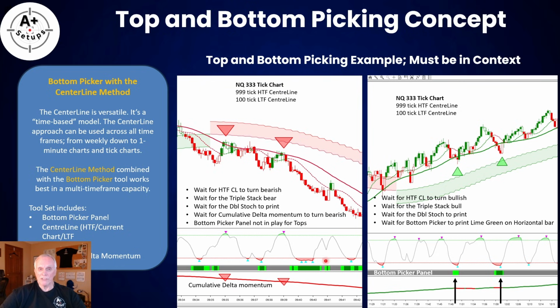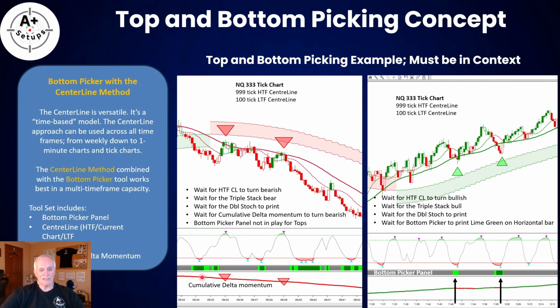But what works really good to identify tops in downtrends is, again, we wait for the higher time frame center line to turn bearish. We wait for the triple stack bear, that's fast below center line below higher. We wait for the green GHL color bars to tell us that there's a pullback underway. We wait for double stochastics to get above its threshold.